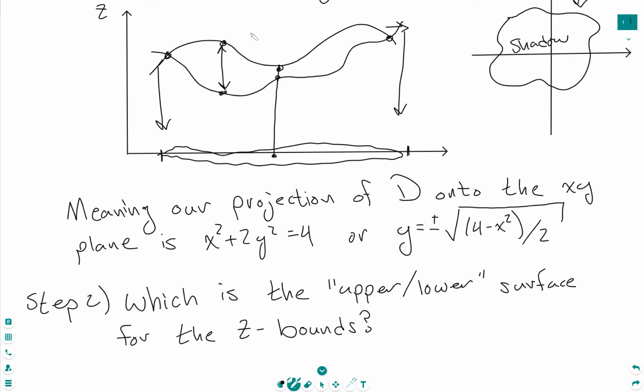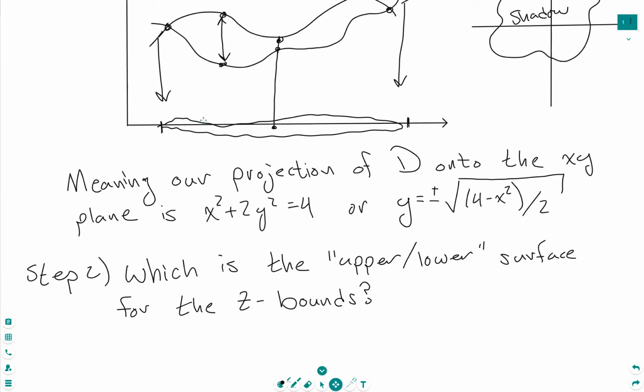And we know that they don't pass through each other again. There's only one curve of intersection for these two surfaces. So one's always going to be the upper and one's always going to be the lower as long as we're in the region of D.